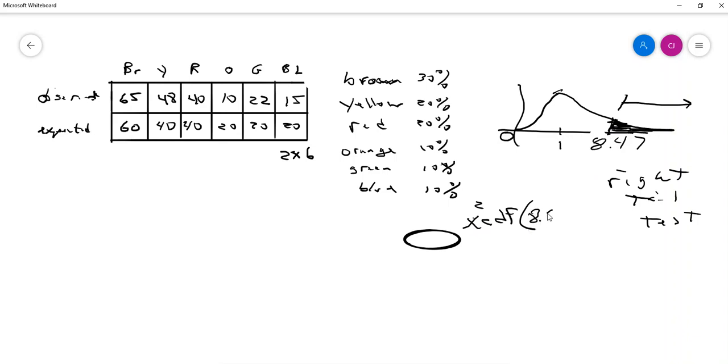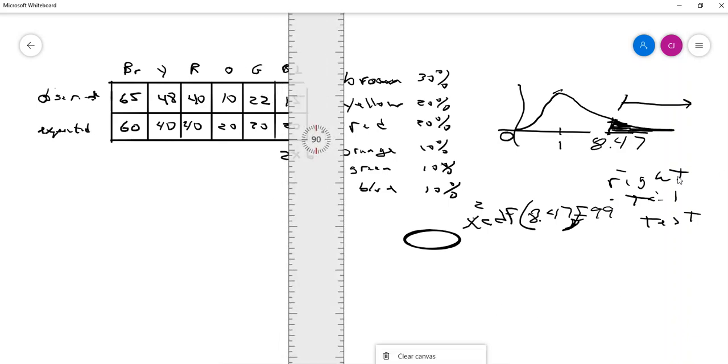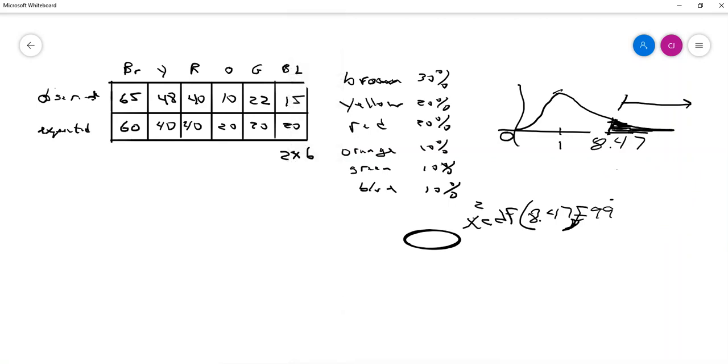We had to know our boundary values, and then this went off to infinity, which was E99, and then our degrees of freedom, which are 5.